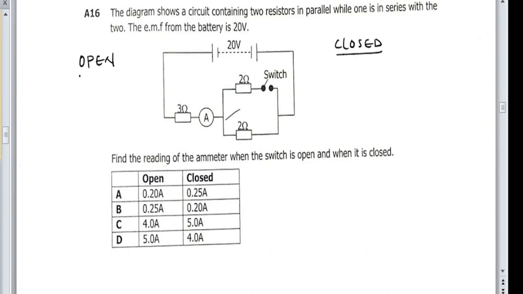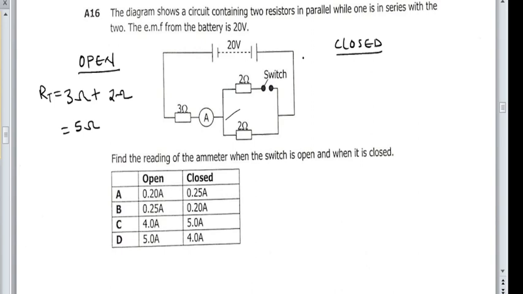So when the switch is open, the total resistance will be equal to 3 ohms plus that other one, 2 ohms. So this will give us a total of 5 ohms. So that is the total resistance.